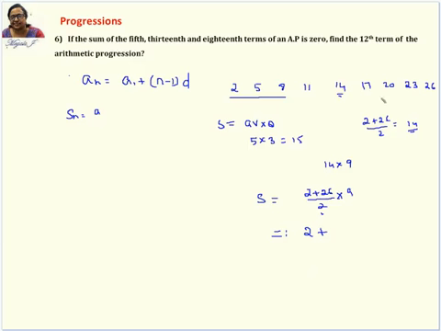There are 9 terms here. So to find the 9th term, this is going to be 9 minus 1 into 3, whole divided by 2, is going to be your average, and into 9 gives you the sum. So 2 plus this is going to be 24, right? See, 8 into 3 is 24.